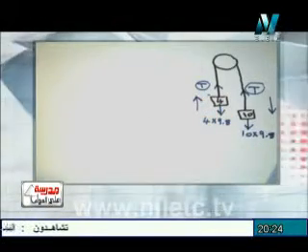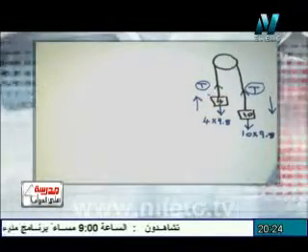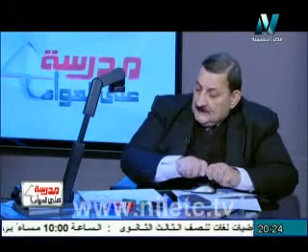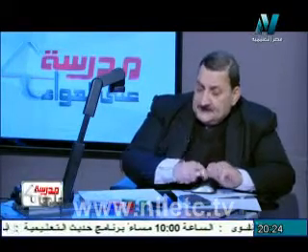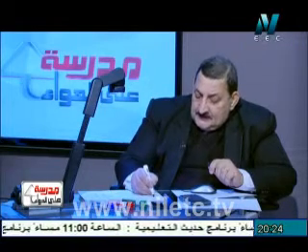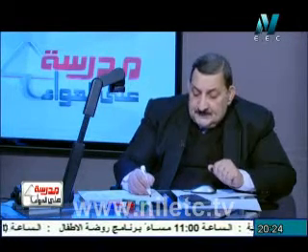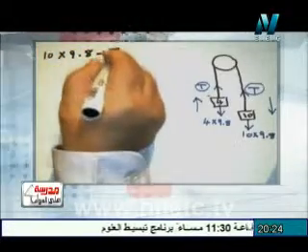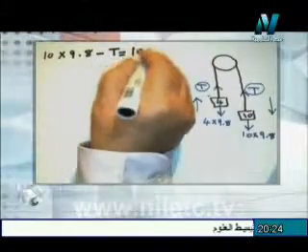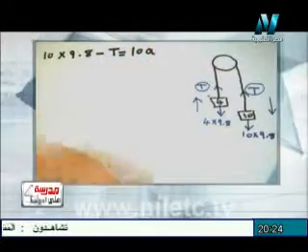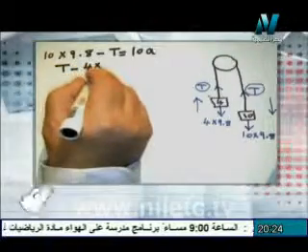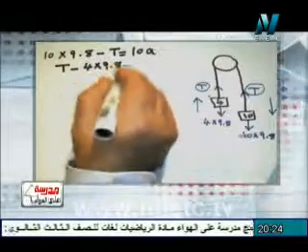Now we have to find the common acceleration by writing the system equation of motion. For the 10: 10 multiplied by 9.8 minus T equals 10A. This is the first. Second, T minus 4 multiplied by 9.8 equals 4A.